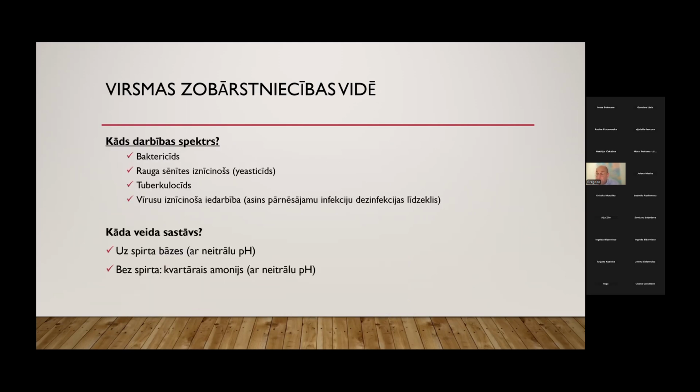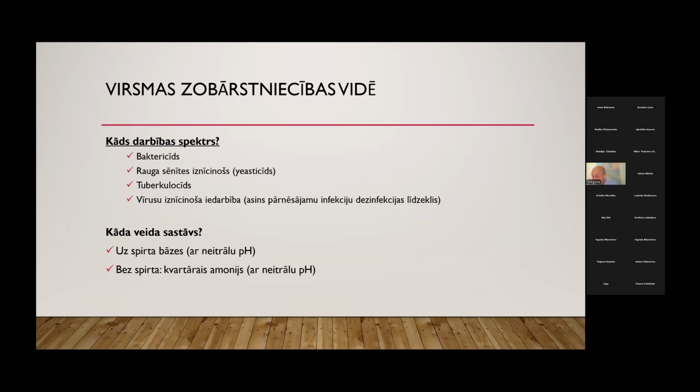The spectrum, what do we need? Think again about what we have said at the beginning of the afternoon. The spectrum of activity could be bactericidal, yeasticidal, tuberculocidal activity is quite interesting in this case, and virucidal activity, especially for bloodborne viruses. What type of composition?